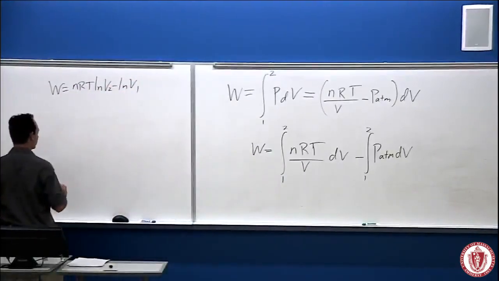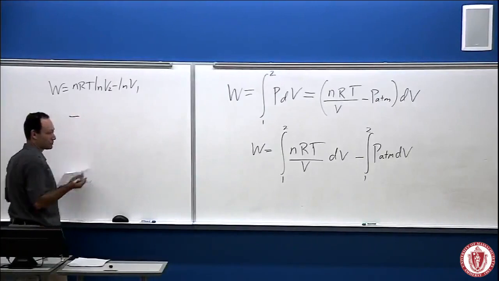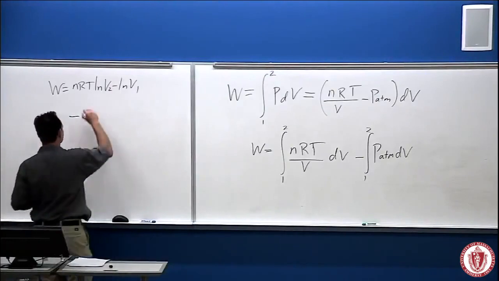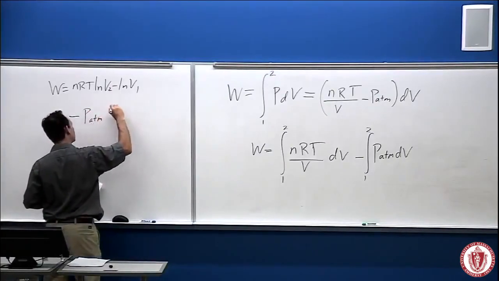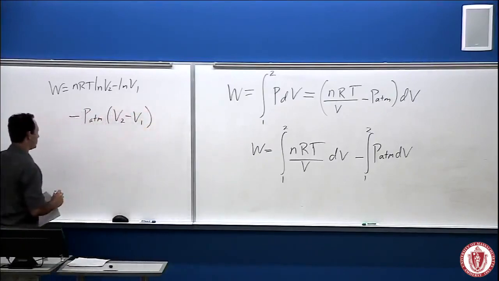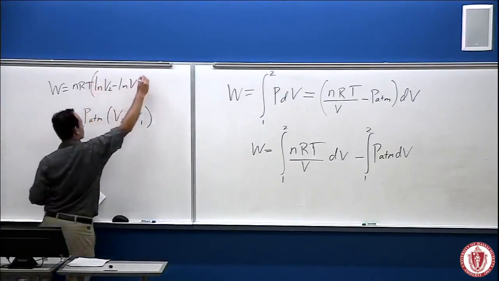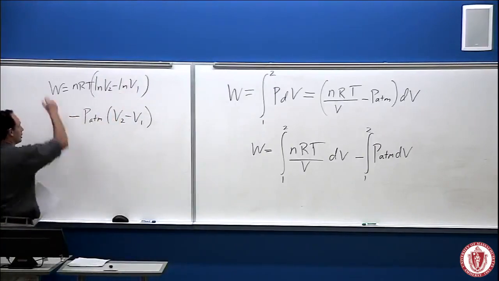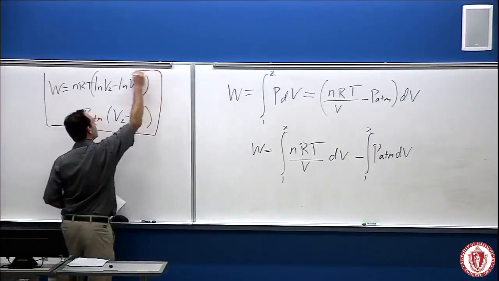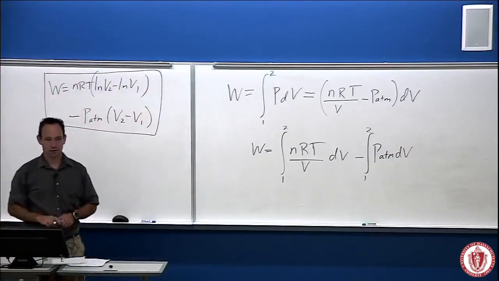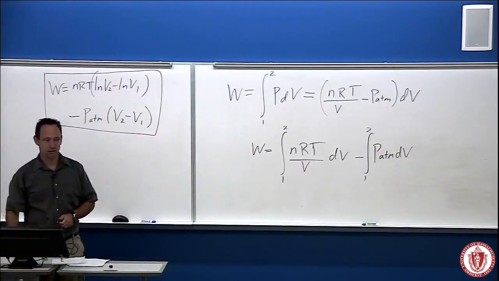And then the second integral, P atmospheric's a constant, so we just have the integral of dV, which is V. And if you want, you can simplify this expression, since log V2 minus log V1 is the log of V2 divided by V1. But you get the basic idea. So that's how we calculate the net work done in expanding an isothermal gas.